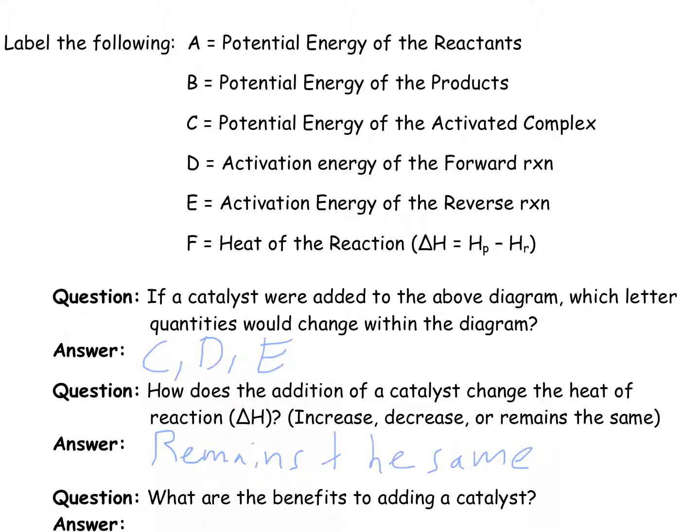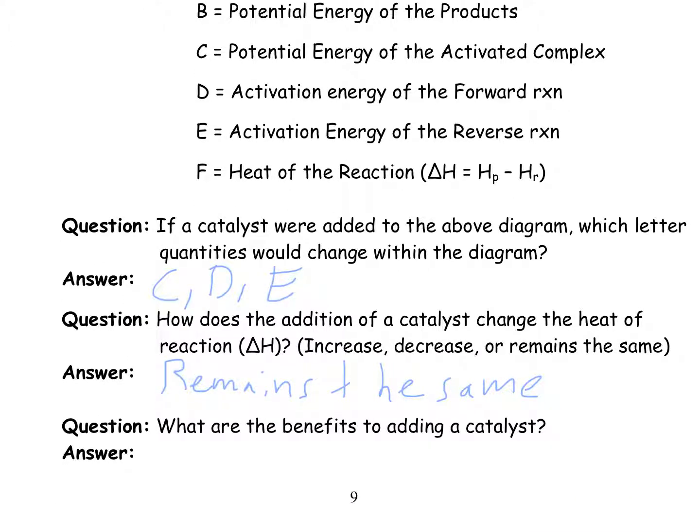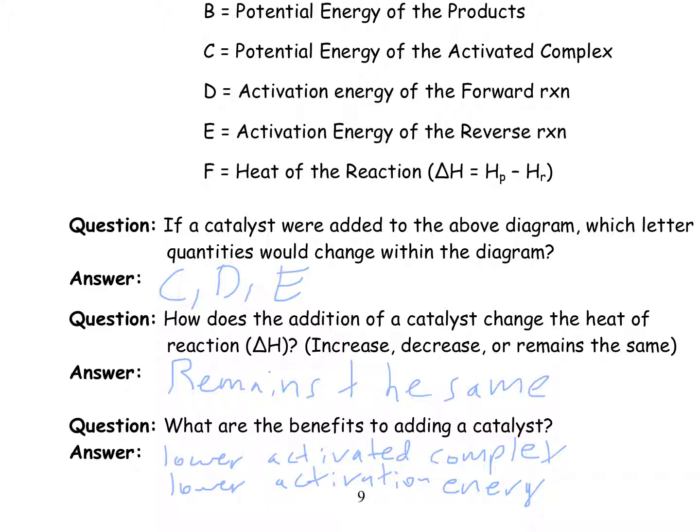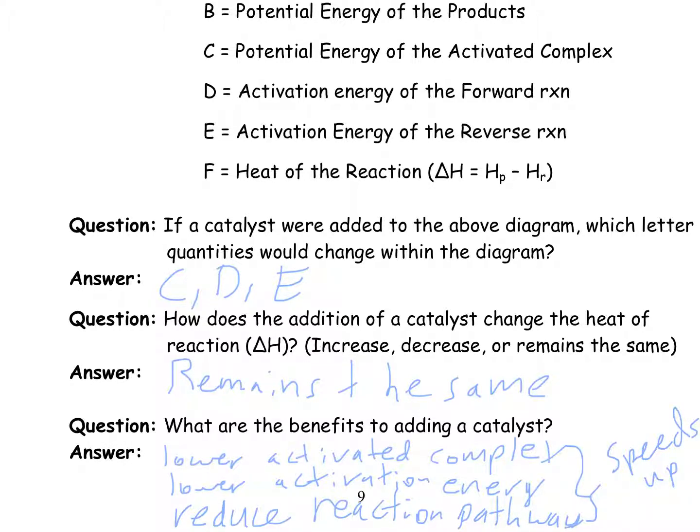And finally, what are the benefits of adding a catalyst? Well, by adding the catalyst, we lower the activated complex, lower the activation energy, and reduce the reaction pathway, which overall speeds up the reaction.